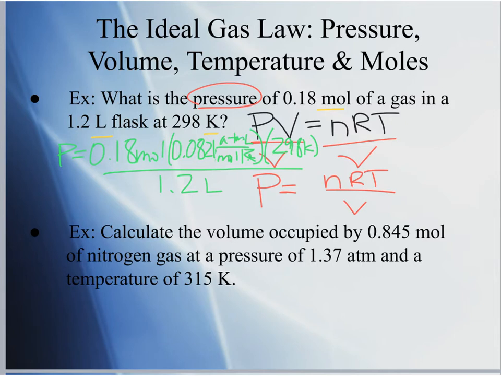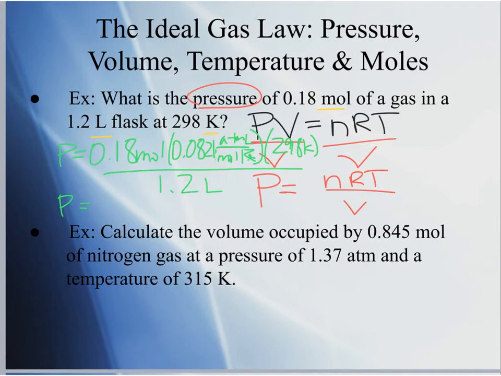So atmosphere times liters over moles times Kelvin is the units for R. When we do the math, we take our 0.18 times 0.0821 times 298, and then divide by 1.2.